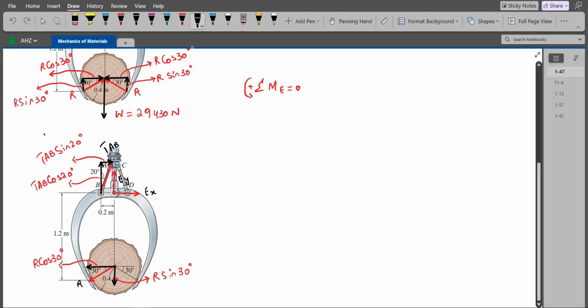Also, the vertical component of the normal force R, its line of action is passing through the point E. If you trace it back, R sin 30 will not produce any moment about the point E as well. R cos 30 is trying to rotate the grapple in the clockwise direction, so the moment produced by this R cos 30 will be taken as negative.